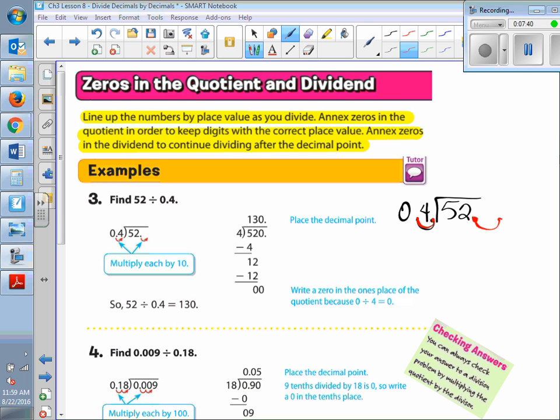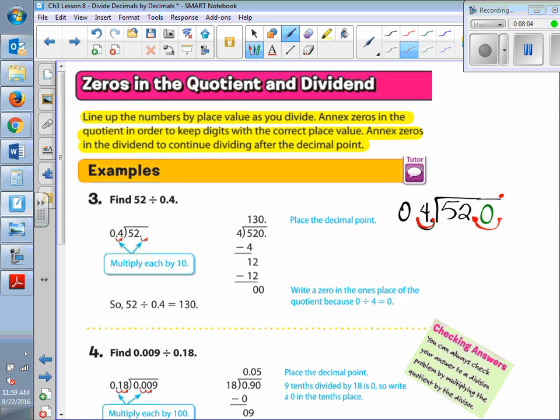But I have no numbers here. What do I got to do? Annex the 0. Very good. So right here, you're going to add another 0. And then, where am I going to place my decimal? Straight up. So my decimal is still going to be at the end. I'm going to end up with a whole number.